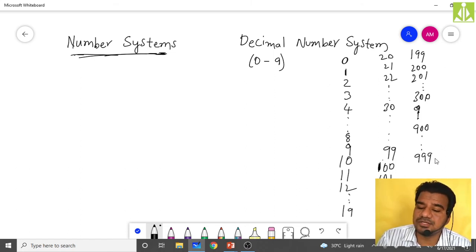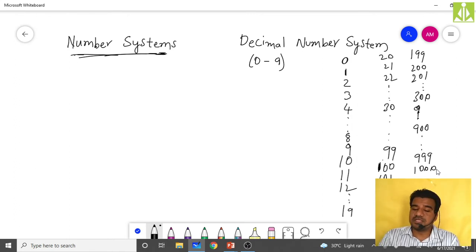After reaching 999, again to show 1000, we need one more place, isn't it? The thousands place. So simply 1 0 0 0 will represent 1000 count. In this way we continue till infinity.